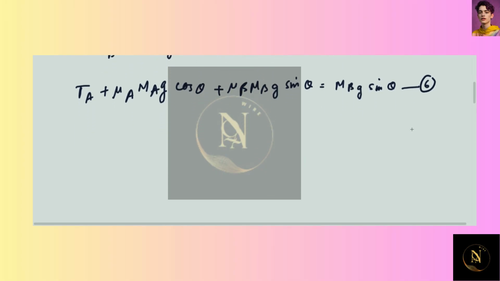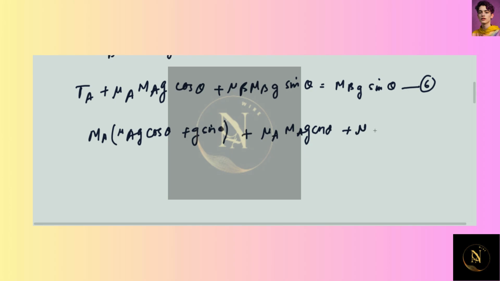Now from 3 and 4, we get MA (mu A G cos theta plus G sin theta) plus mu A MAG cos theta plus mu B MB G sin theta is equal to MBG sin theta.